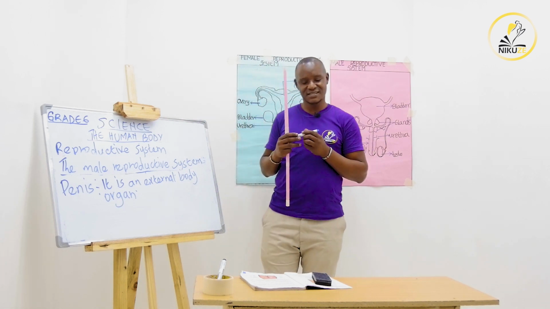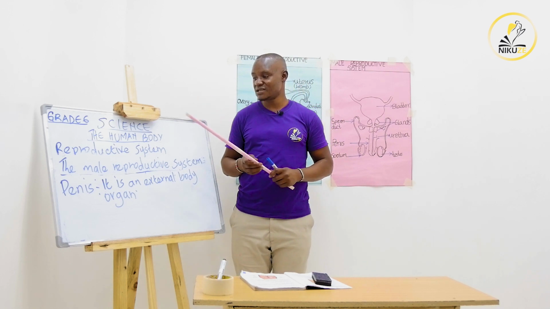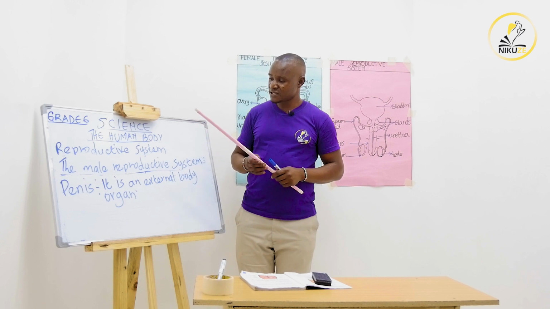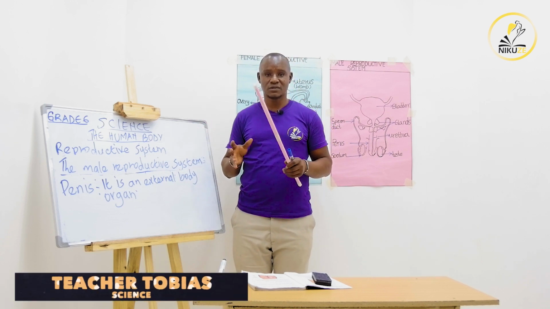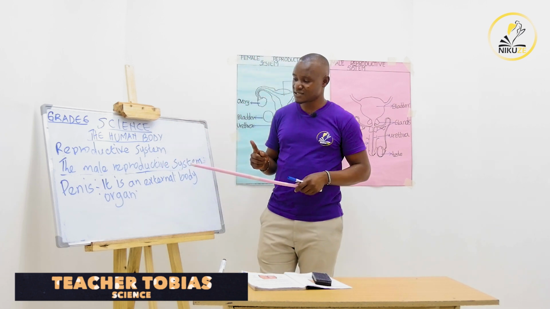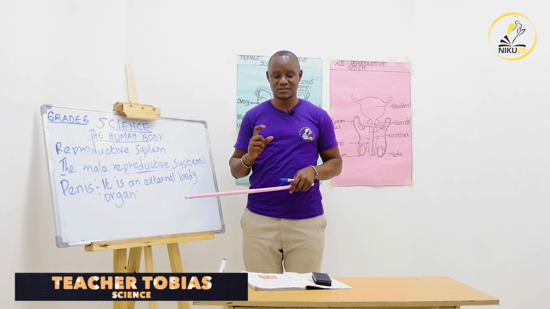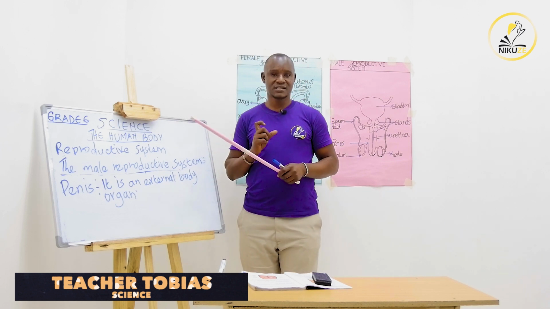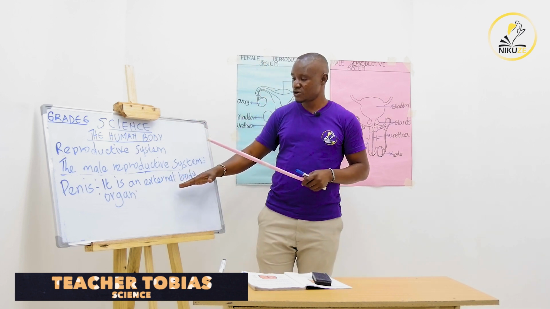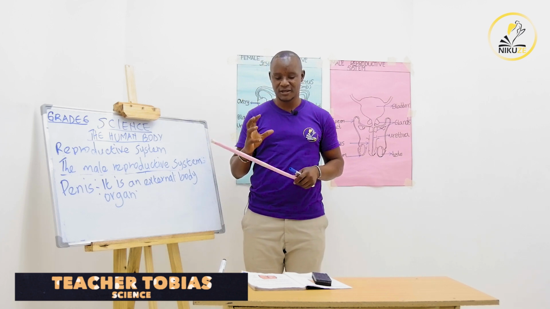As much as it is an external body organ, it also has some work which it has to do to ensure that our body maintains constant body temperature and that each and every activity within the body is carried out properly. Now in this case, we say that its work is to introduce sperms into the female reproductive system during sexual intercourse. Now during sexual intercourse, it is the role of the penis to introduce the sperms into the female reproductive system, which is the vagina.